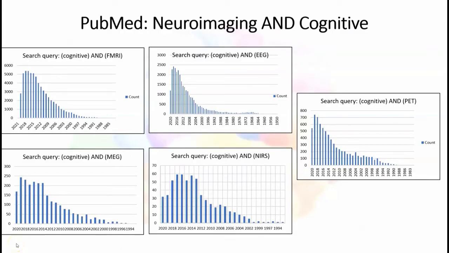Before describing functional brain imaging modalities, I would like to show the trends of publication related to functional imaging modalities in the cognitive field.